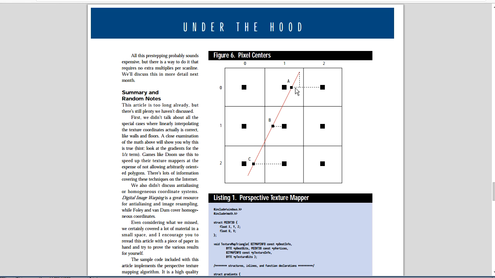So you have to start your loop to look up your texture values and fill in your screen away from the actual edge of the triangle. You're not going to be starting at the edge of the triangle in screen space, you're going to be starting some ways away from the edge.